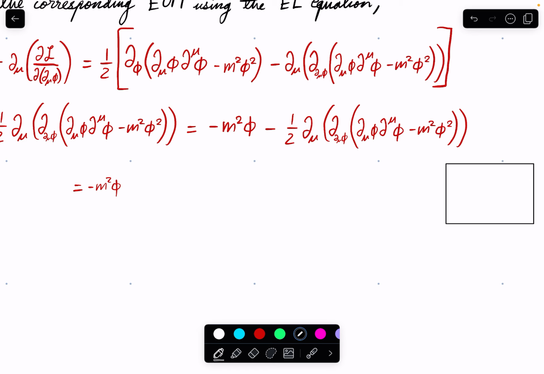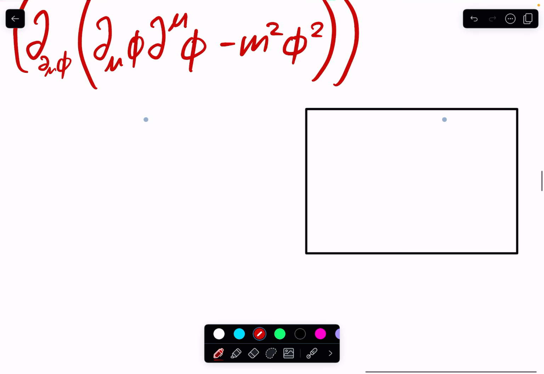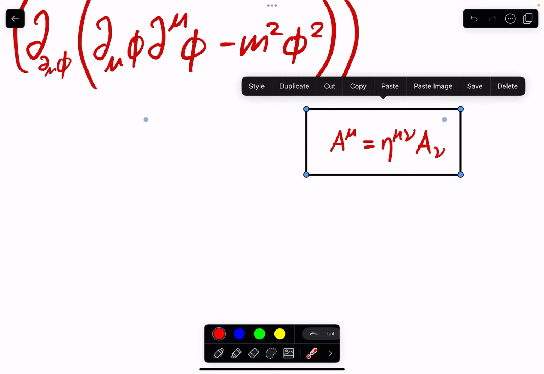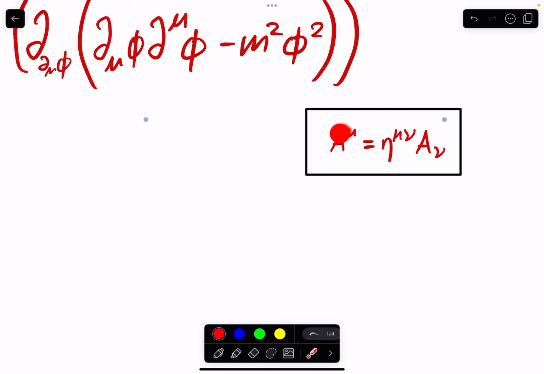There's a property that we introduced at the very beginning of this series in one of the first few videos, and that is that if you have some quantity A mu, then that's the same thing as introducing the metric and then describing it as a subscript, as a covariant tensor rather than a contravariant tensor. So we're going to do that for this.